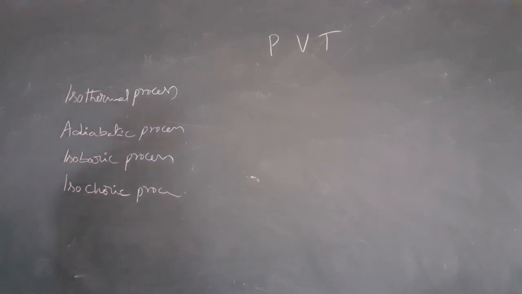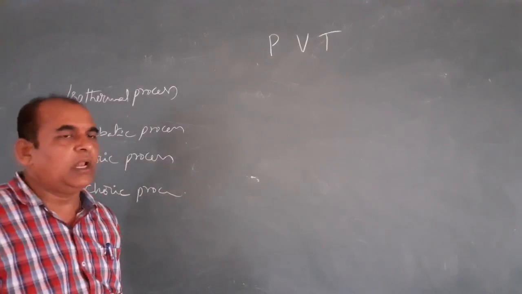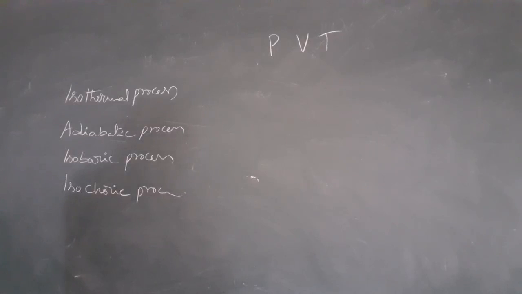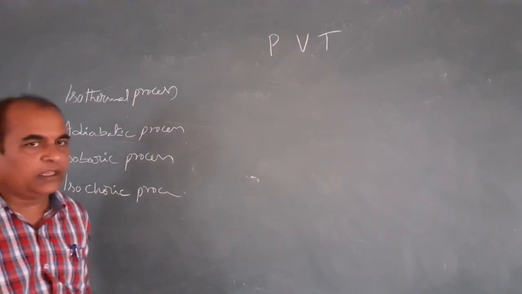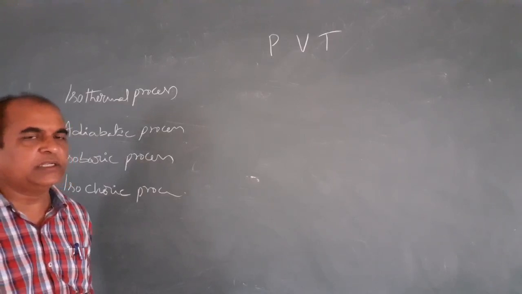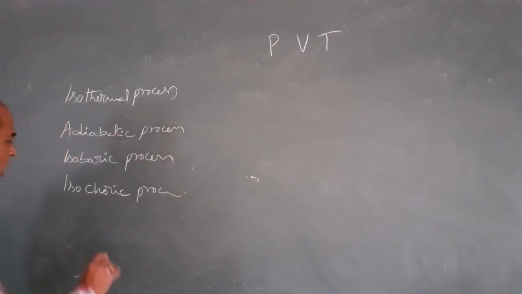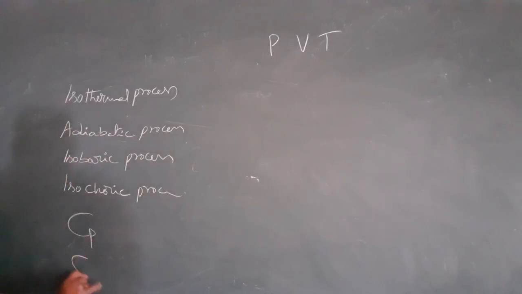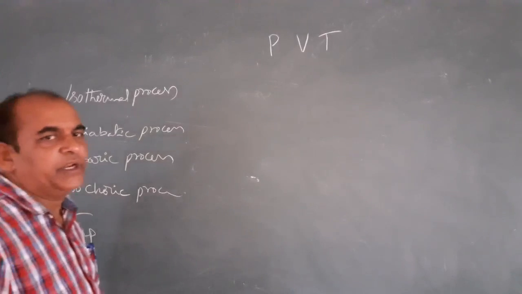These are the four thermodynamic processes: isothermal, adiabatic, isobaric, and isochoric. And gases have two types of specific heats: specific heat at constant pressure and specific heat at constant volume. These two topics we have to discuss in this video.